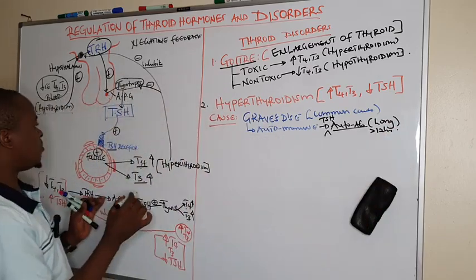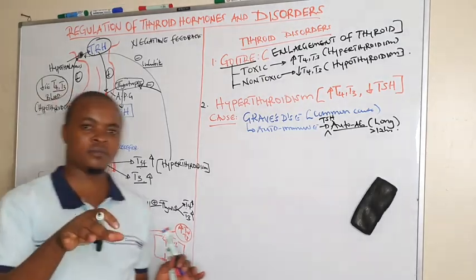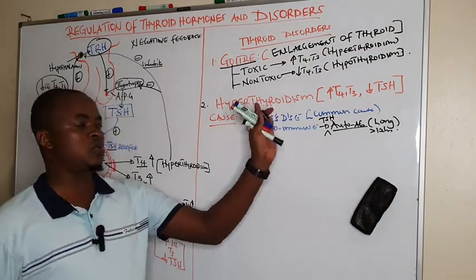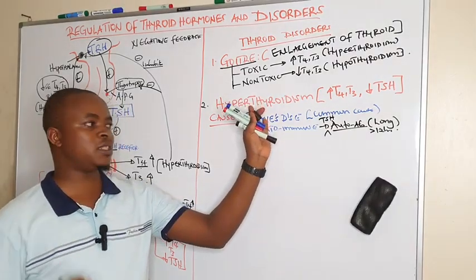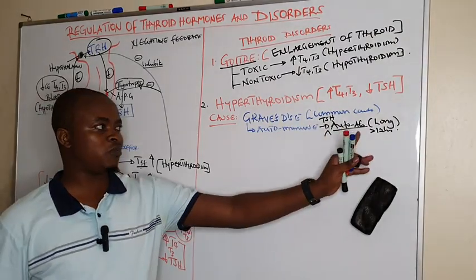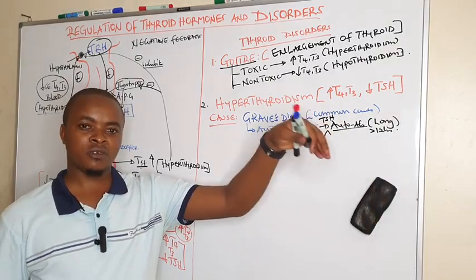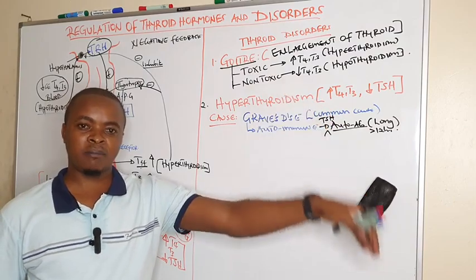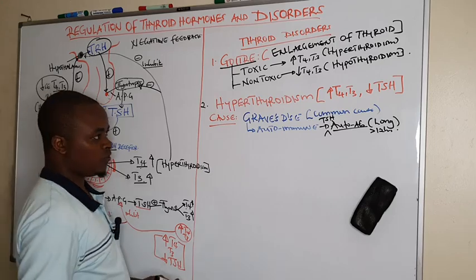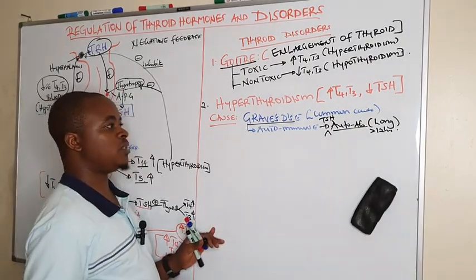So when these autoantibodies come and bind on the TSH receptor, they continue to fire the production of T3 and T4, leading to hyperthyroidism. So Graves' disease is an autoimmune disorder producing autoantibodies resembling TSH, which bind for a long time on the follicular cells, commanding longest production of T3 and T4. And we have said it is the most common cause of hyperthyroidism.